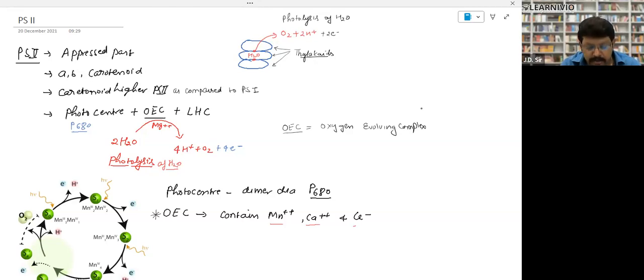OEC is responsible for breakdown of water and release of oxygen and electron.